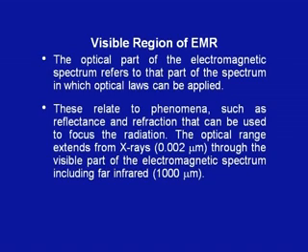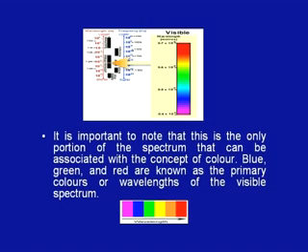The optical range extends from X-rays, that is 0.002 μm, through the visible part of the electromagnetic spectrum, including far infrared, that is at 1000 μm. Here we can see the range of the visible portion, the various wavelengths and the frequencies at which it emits energies.